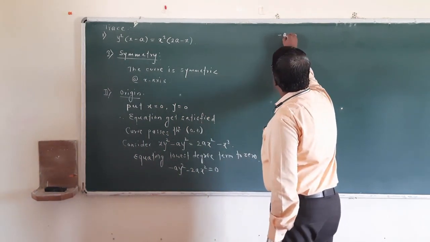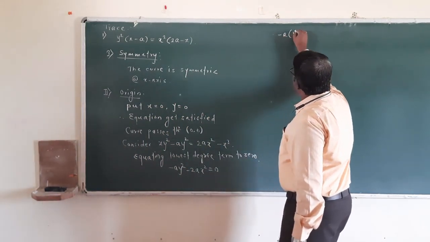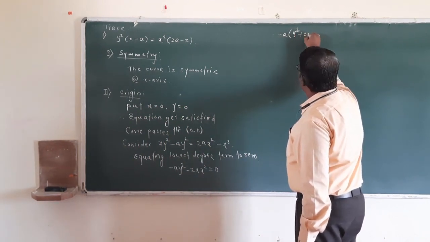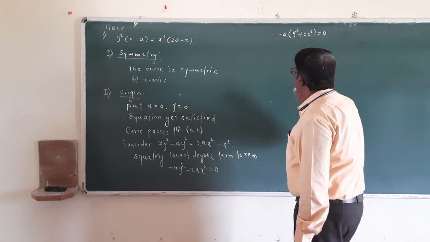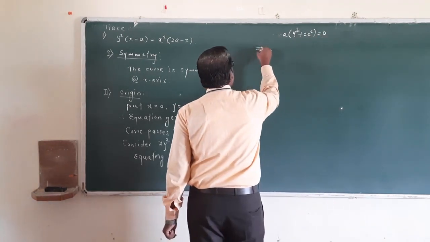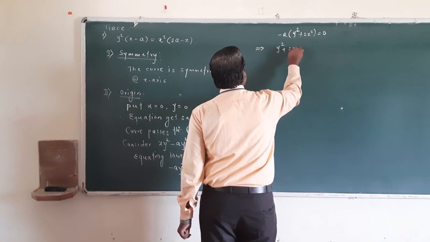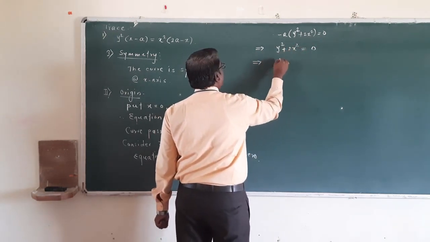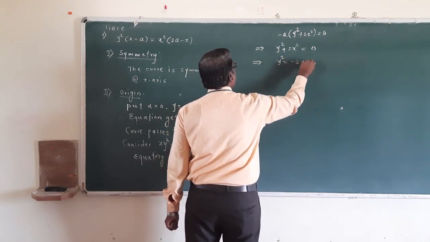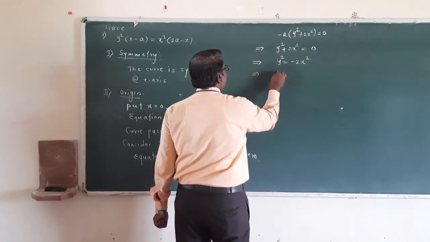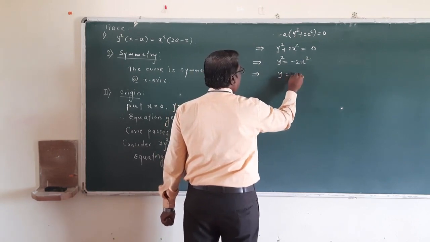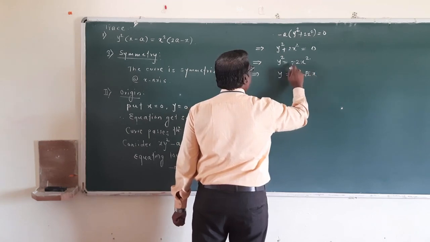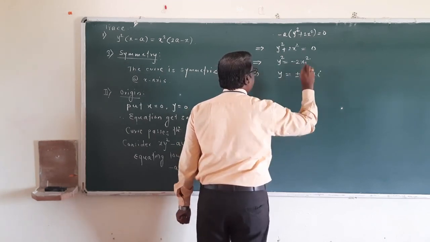So minus a into bracket y square plus 2x square is equal to 0, and this implies y square plus 2x square equal to 0, and this implies y square is equal to minus 2x square, and therefore y is equal to plus or minus root 2x and square root of minus 1 is i.